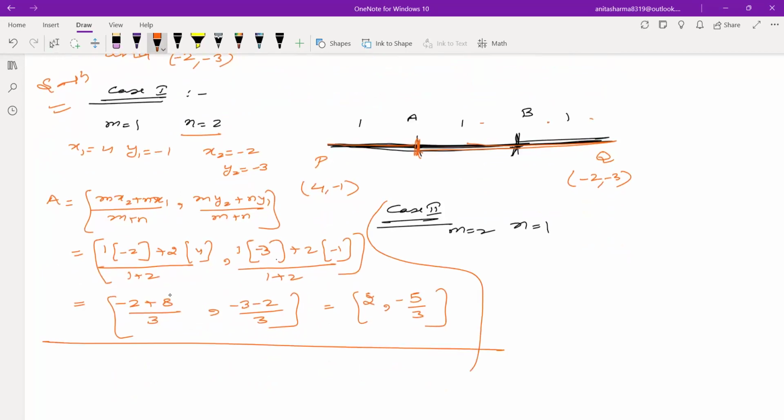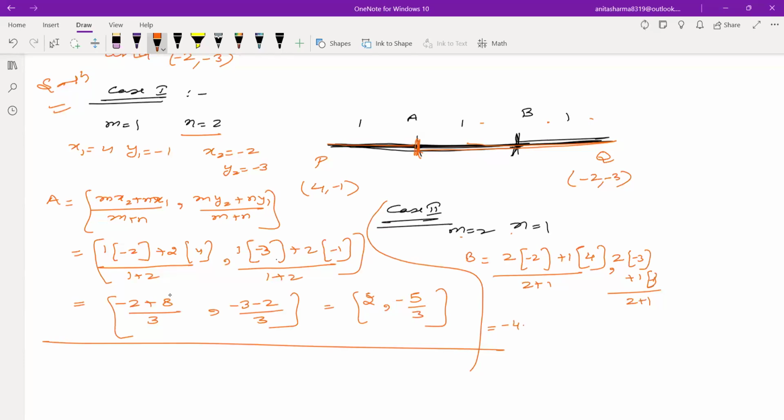Now for case second, the value of m is 2 and the value of n is 1. So now the B coordinate will be mx2, so m is 2, x2 is minus 2, plus nx1, so 1 into 4, divided by 2 plus 1, comma, 2 into minus 3 plus 1 into y1, so minus 1, divided by 2 plus 1.